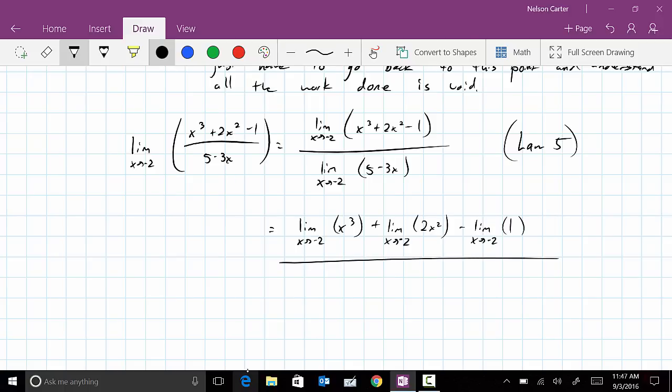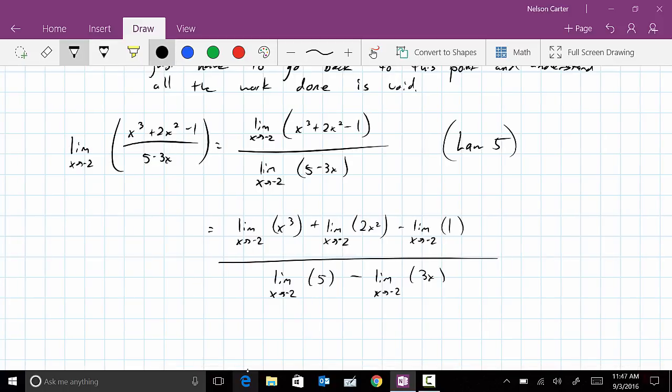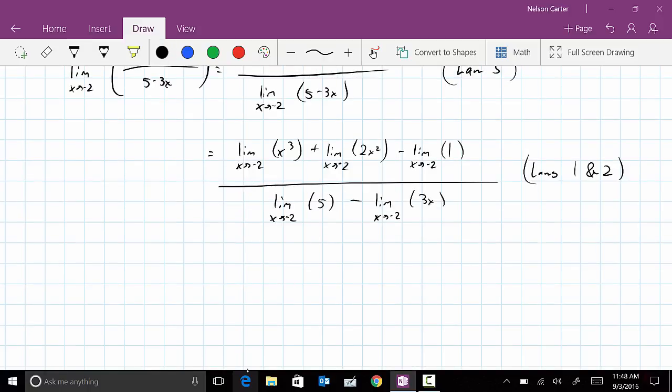And that's all divided by the limit as x approaches -2 of 5 minus the limit as x approaches -2 of 3x. So what we used here was laws 1 and 2, because it was the sum rule and also the difference rule.